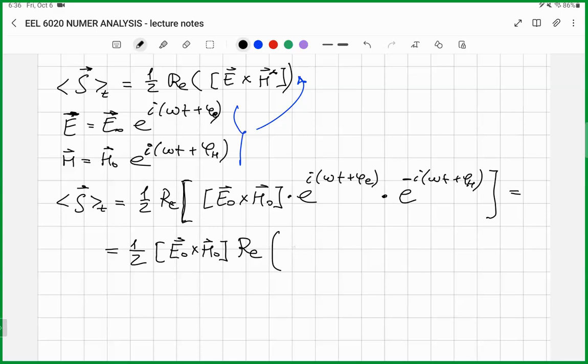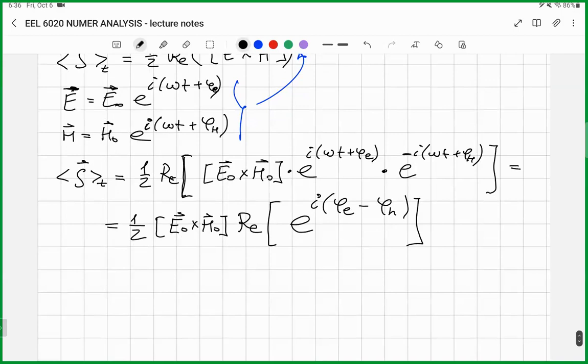And I get e to the power of i(phi_e minus phi_h). So this is the phase difference of the electric and magnetic field.